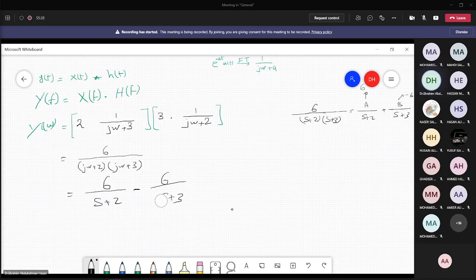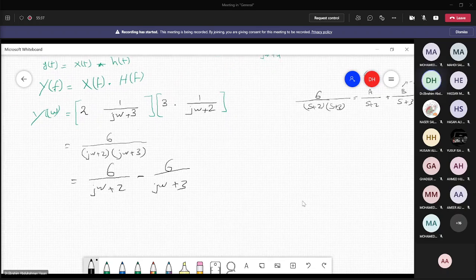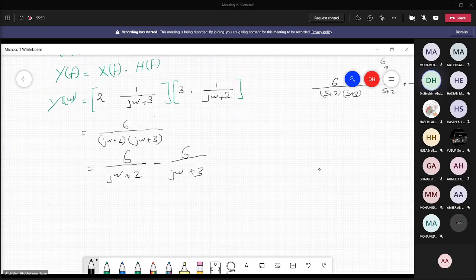Where s equals j omega. Okay, the question is to find y(t). I can take 6 common here, and so then here we have 1 over j omega plus 2.